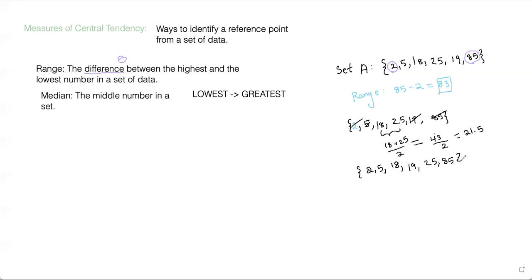Now let's go about canceling: 1, 2, and now we come down to 18 plus 19 divided by 2. 18 plus 19 is equal to 37, and divided by 2 we get 18.5.